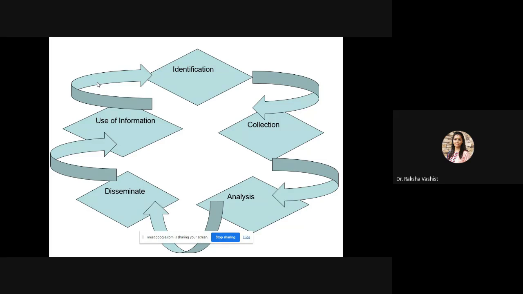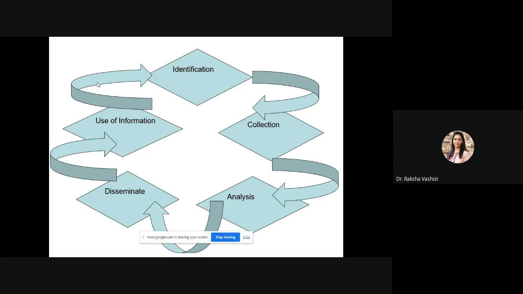Research methodology is the process of identification, then collection, then analysis, then dissemination, then use of information. Let's start with explaining what we mean by identification. It means you have to identify a research problem.